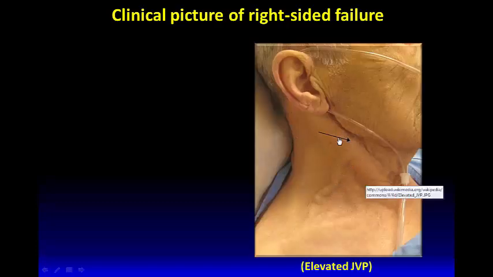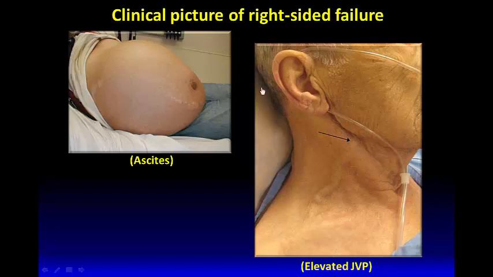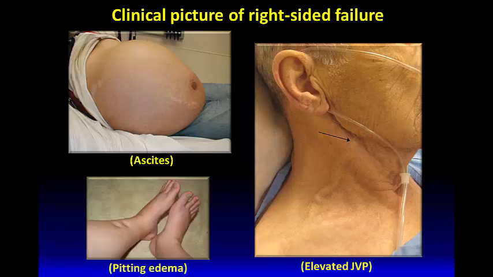We can see the jugular venous pressure up to the angle of the mandible in this patient. This is a picture of ascites, which means accumulation of water, retention of fluid in the abdominal cavity, and here we have pitting edema, which is a very important symptom and sign of right-sided failure.